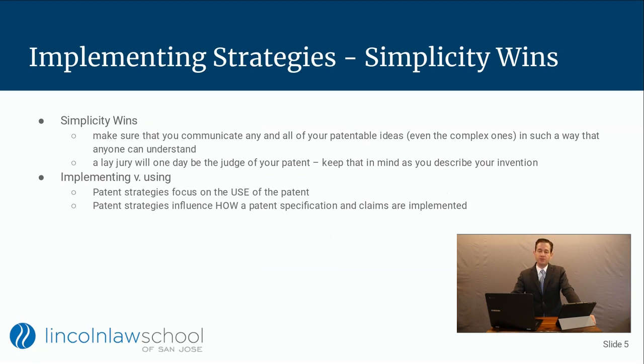Some patent applications are so complex that even technical experts have a hard time sometimes reading them. And not only that, if it requires a technical expert to read it, how many technical experts are actually on a jury panel? And the answer is usually none. It's usually common everyday people on the jury who are expected to read the patent application. And so the more complex you make the patent, the more complex you piece it all together, the harder it is for the jury to understand.